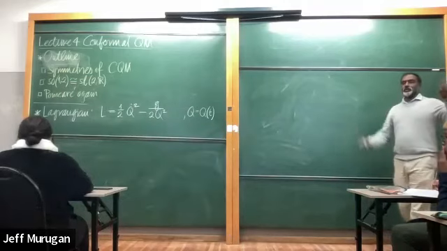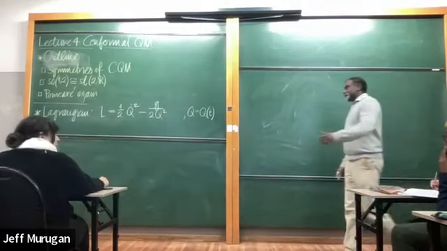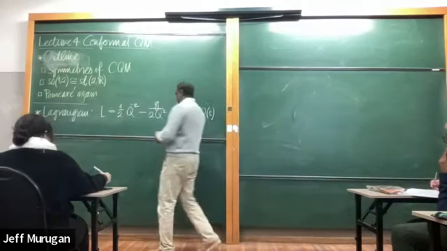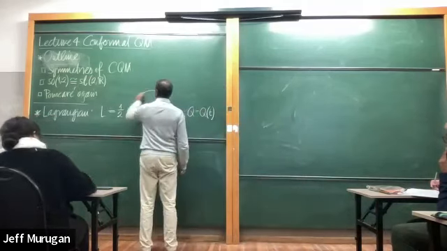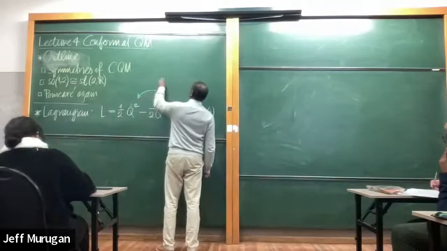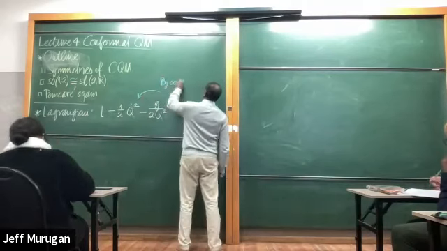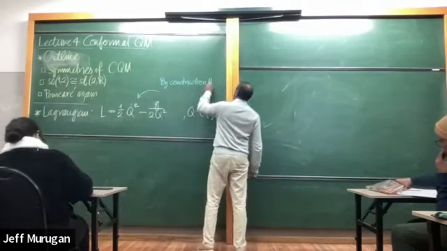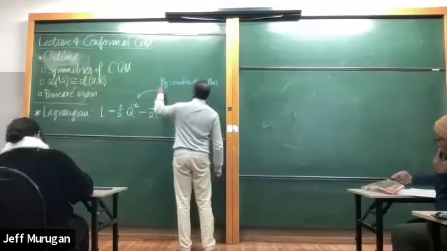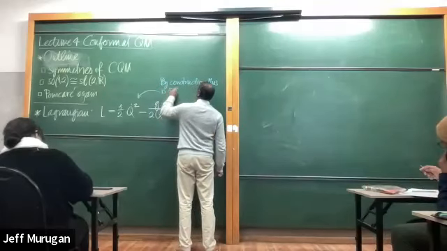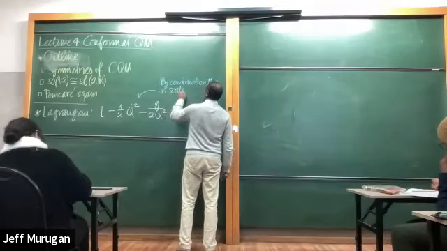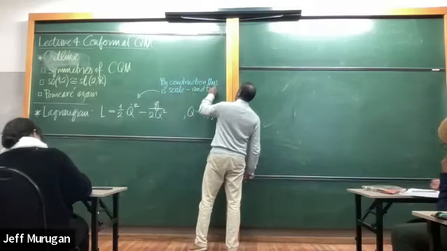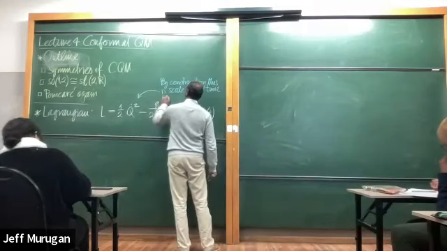So we want something that's relativistic in 0 plus 1 dimensions, and we want it to be scalable. Okay. But by construction, this is scale and time translation invariant.